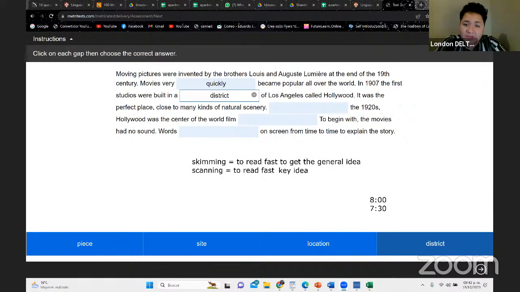Imagine the word delegación in Ciudad de México. So you have Mexico City and the district of Miguel Hidalgo. That's the meaning of district. That's why we choose district, because location is a pin in the map. District is a bigger area. Any questions?